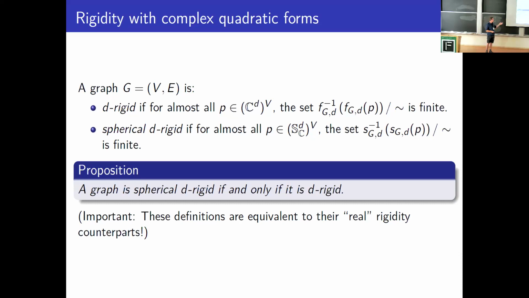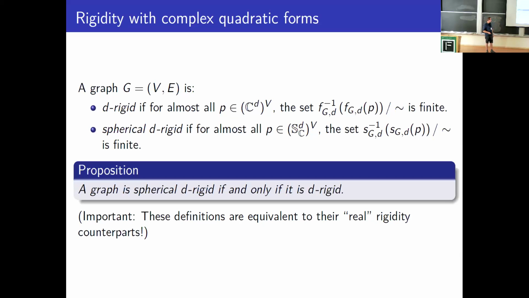And we're going to say it's spherical rigid if you do the same thing, but just do spherical realizations. Okay. And it's a well-known result that spherical d-rigidity and d-rigidity are exactly the same thing. So I've called it spherical d-rigidity. I will never call it that again. That is just a one-off, so I could differentiate the two, but they are exactly the same.